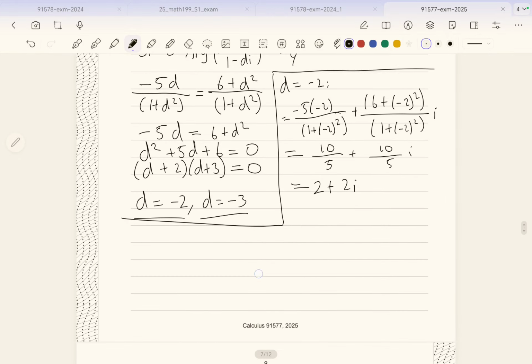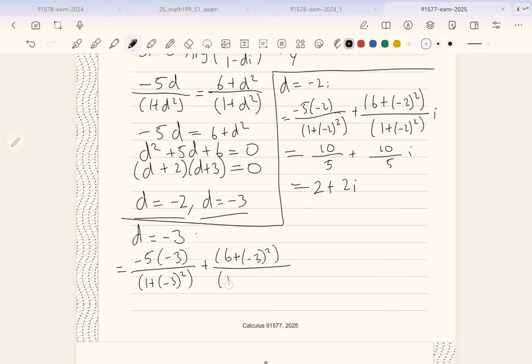And also for d equals to negative 3, we have that negative 5 times negative 3 over 1 plus negative 3 squared plus 6 plus negative 3 squared all over 1 plus negative 3 squared i.